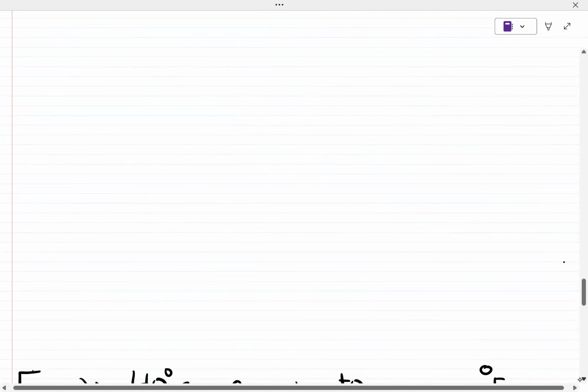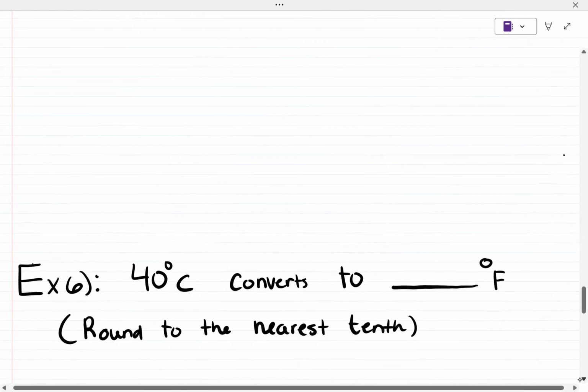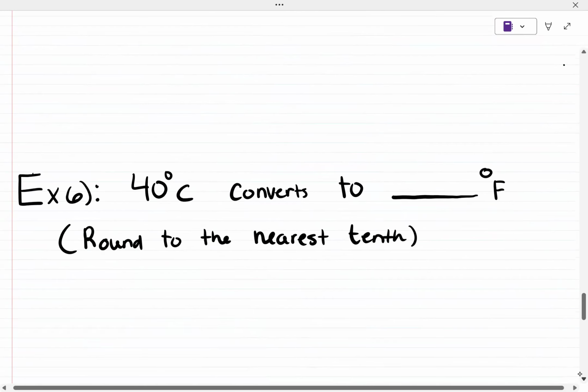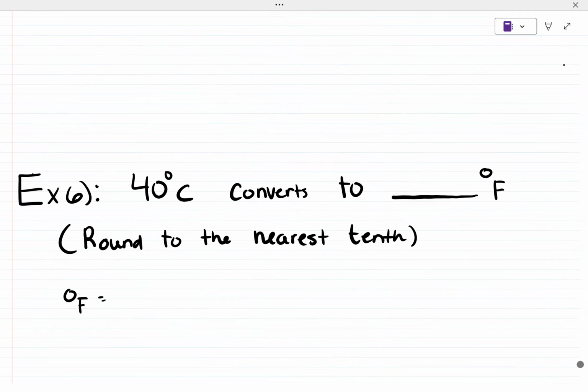Okay, example six. We have 40 degrees Celsius and we have to convert it to Fahrenheit, rounding to the nearest tenth. So we're going to use rule two, degrees Fahrenheit equals degrees Celsius times 1.8 plus 32.